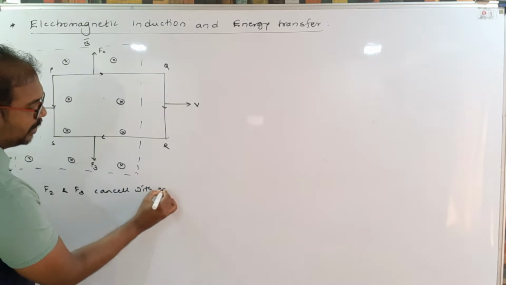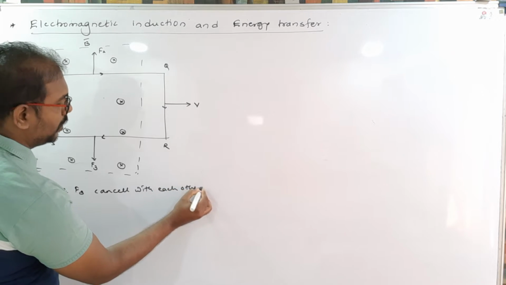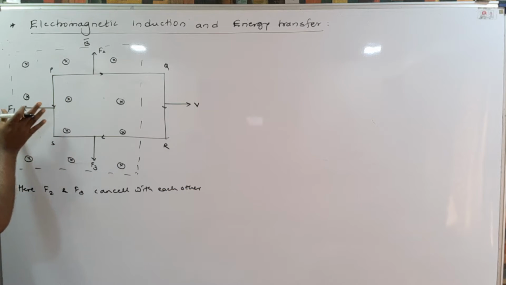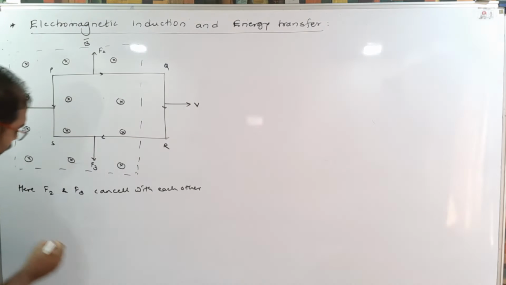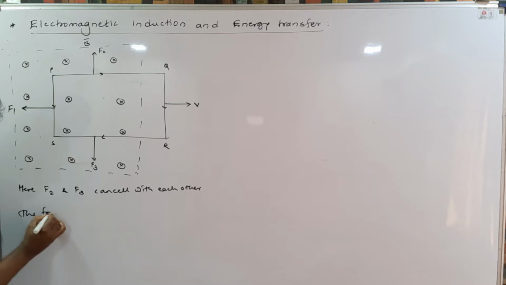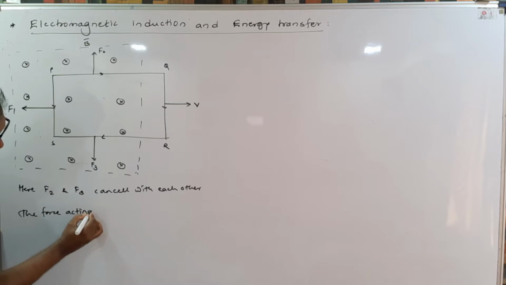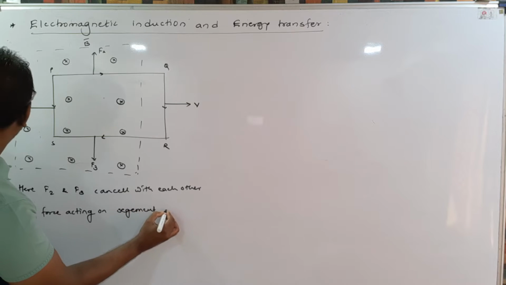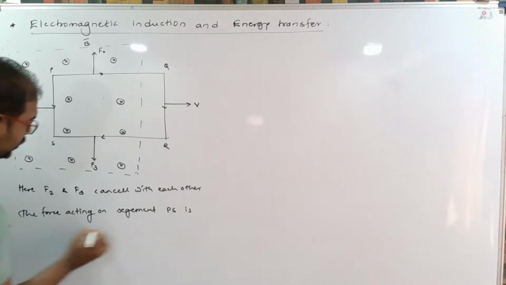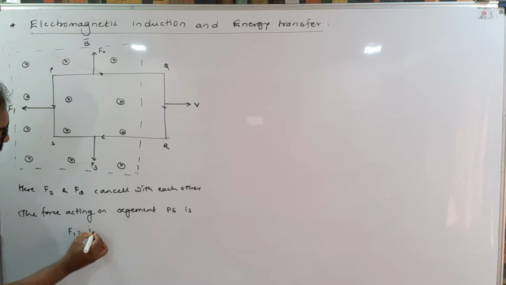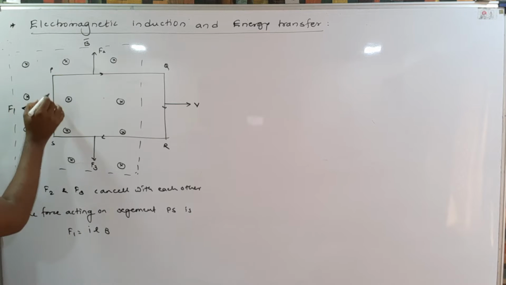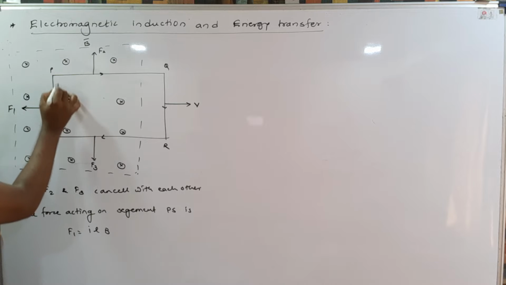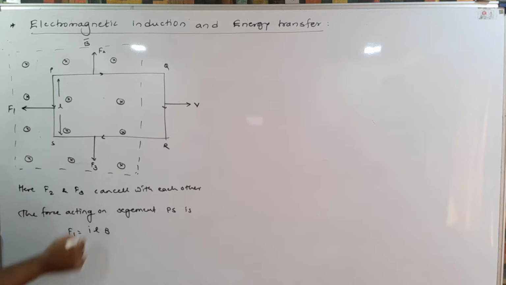Here only on segment PS the force F1 is acting. I can write the force acting on segment PS as F1 = ILB, if I consider L as the length of this segment. So ILB is the force, equation number 1.